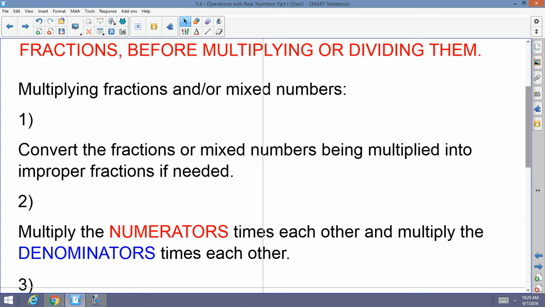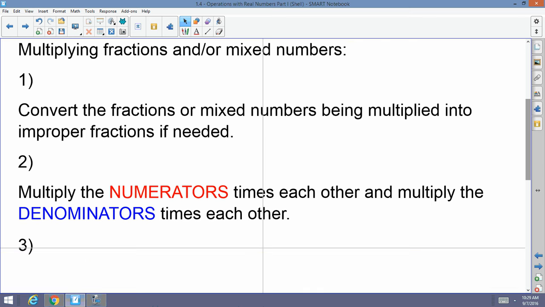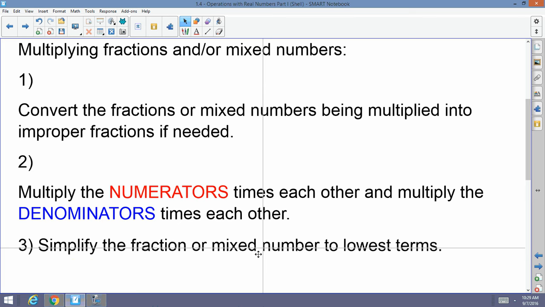When you're multiplying fractions, it's literally numerator times numerator, and then denominator times denominator. It's literally that simple. So you're going to multiply across in the numerators and across in the denominators. And then step three, you could probably imagine, is simply simplify the fraction or mixed number to lowest terms.